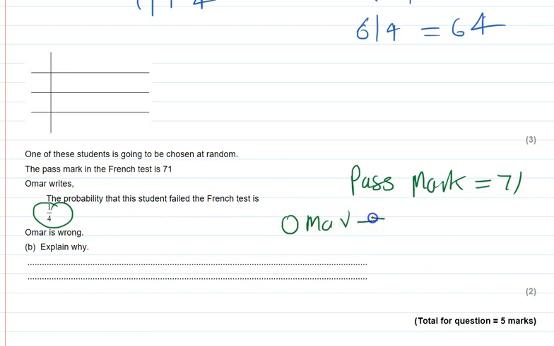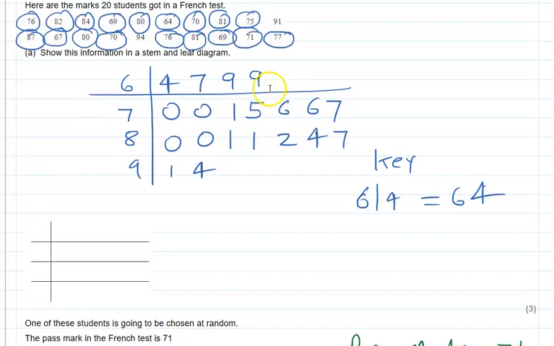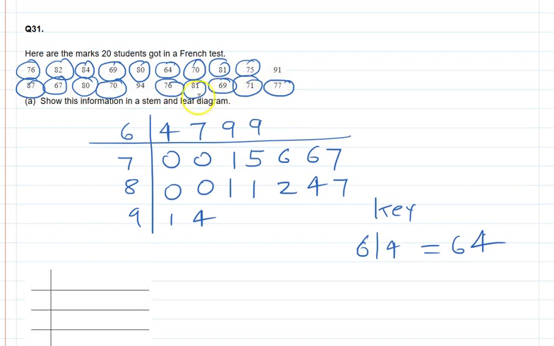So we need to prove that Omar is wrong. If you count them, there are 20 members here.